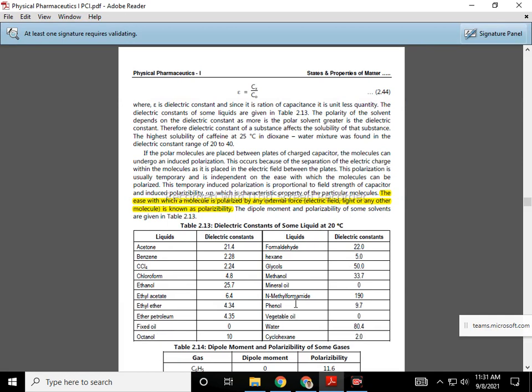Have a look at all these values. Be fast. Fixed oil has zero dipole moment, zero dielectric constant, not having the capability to solubilize other solute, whereas water has the highest capacity to solubilize other solute.